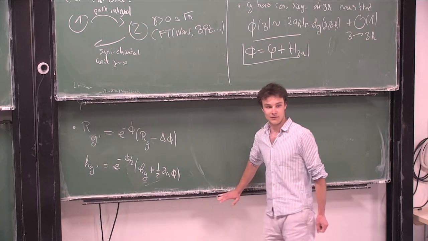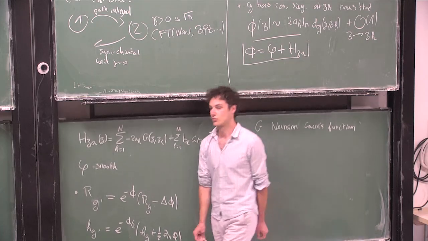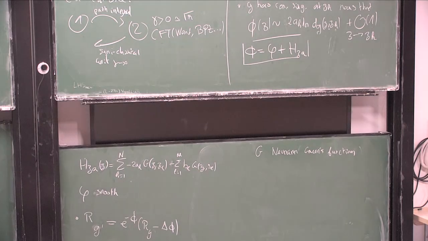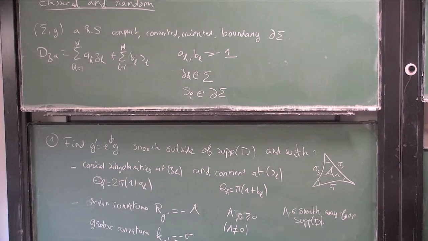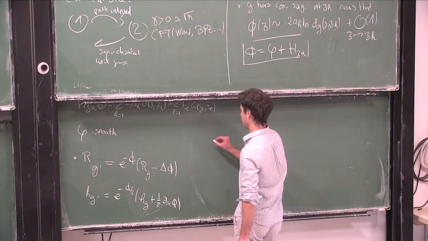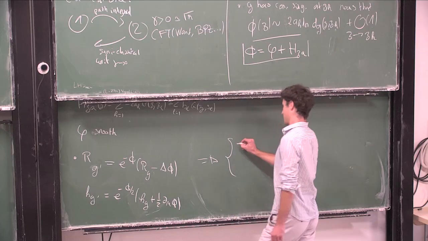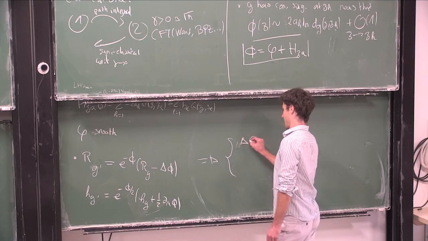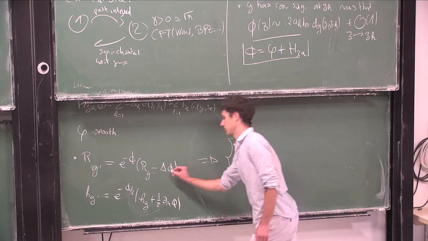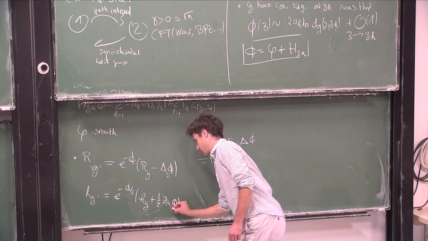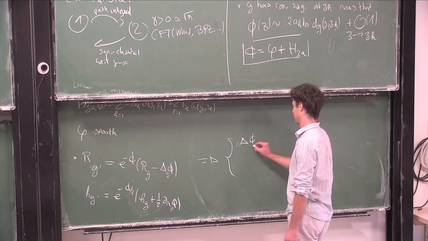So if you plug this into this equation, you see that what you want to solve is the following PDE. You want to solve the equation Laplacian phi, where this Laplacian depends on the metric. At some point I will just drop the g.